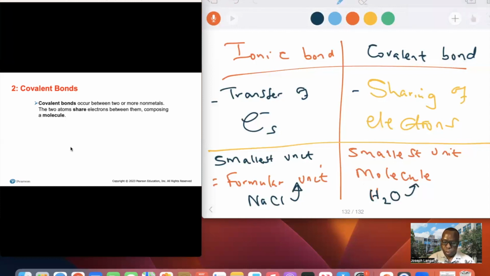Please understand what they mean, so that when you see a molecule, it's a compound formed between 2 or more nonmetals sharing. There is no transfer of electron. They form what we call a molecular compound.